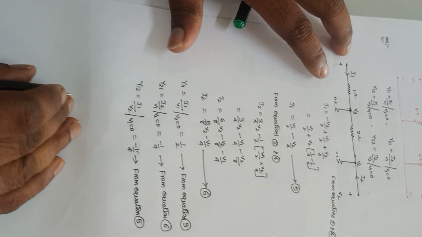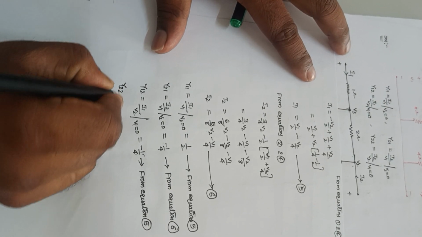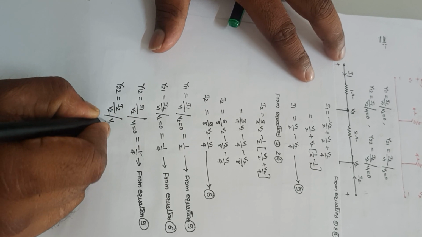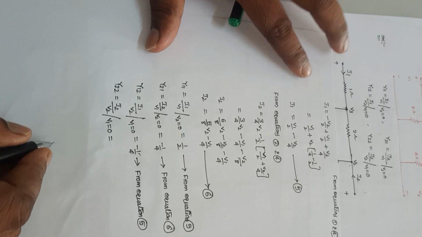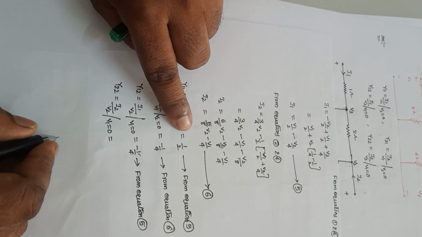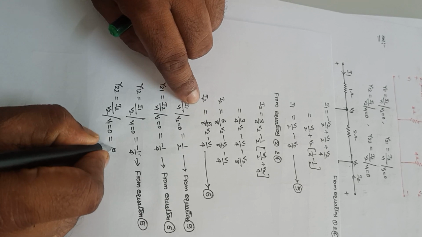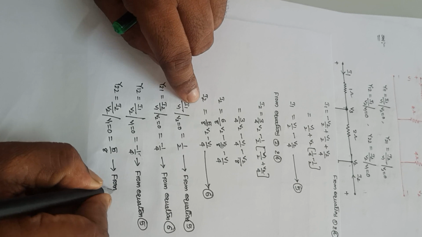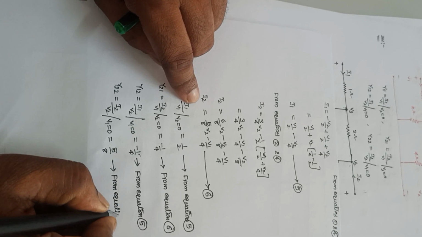Next, y22 is equal to I2 by V2 at V1 is equal to 0. Using this expression, by placing V1 is equal to 0, I2 by V2 is equal to 5 by 8, from equation 6.